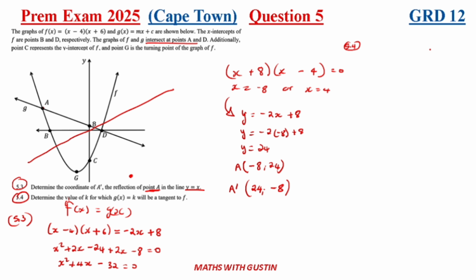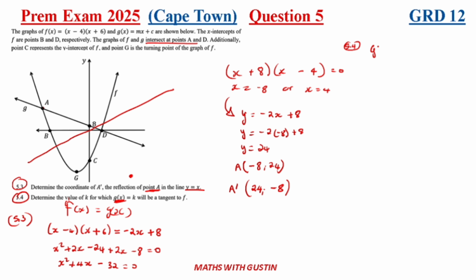Okay, they said g of x there will be a tangent. Interesting. Let me see. However, g of x is a straight line. How can you have a... Okay, this is a bit tricky for me. Okay, let's see.